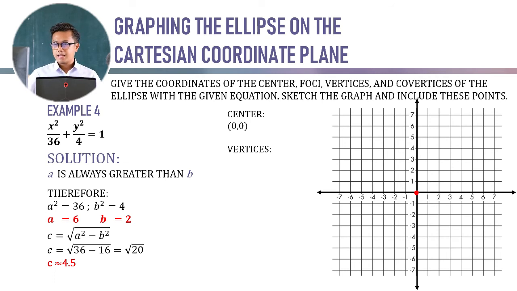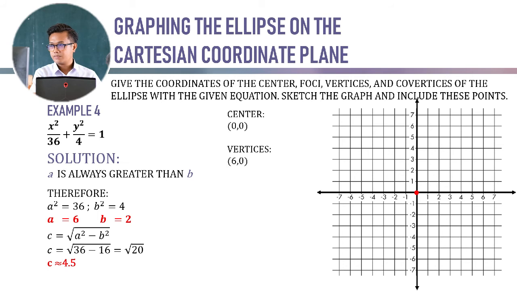So, kay hambal ta, ang A nimo ara siya sa naka-align with your X. Therefore, ang imo nga graph nagapa higda. Therefore, ma-count kita 6 units man nga gapahigda or 6 units from your center to the left side of your center and to the right side of your center.